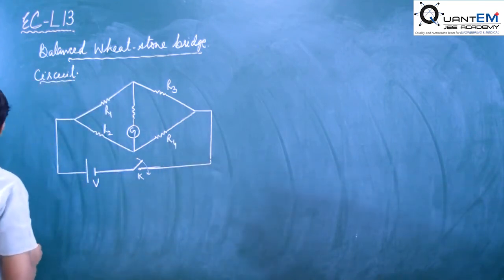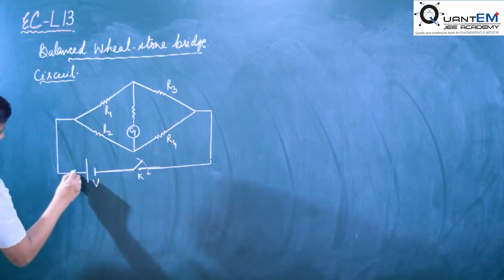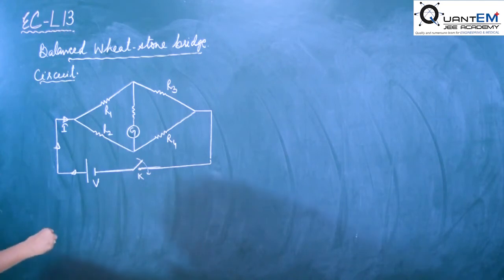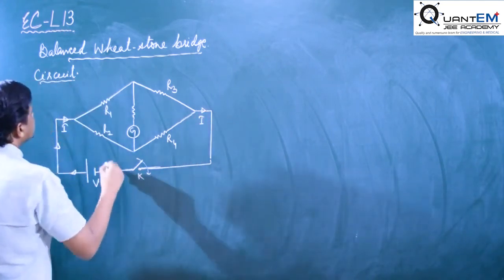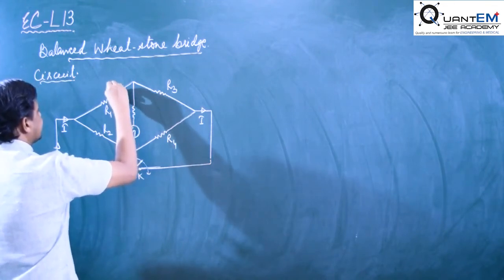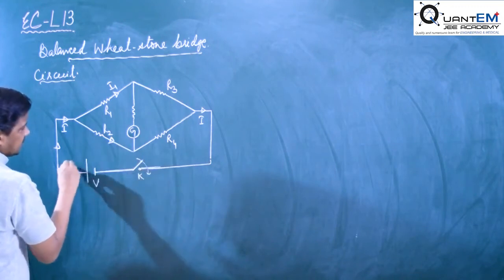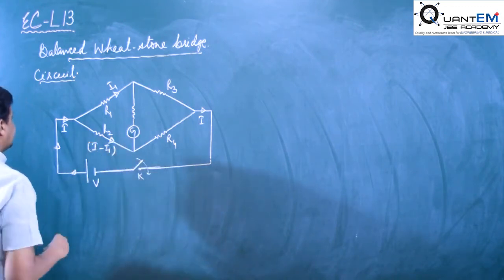Current supplied to this circuit is I. This current is I, that will be going out of the circuit. One current comes here, that is suppose I1. The remaining current according to junction law will transfer through R2. That will be I minus I1.